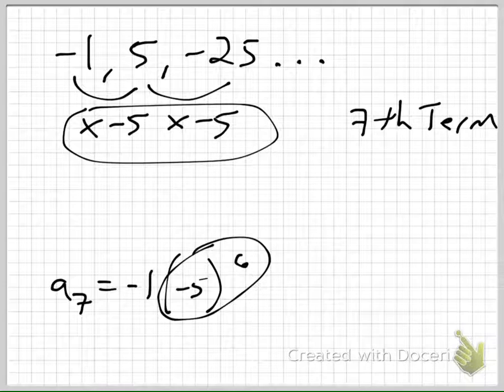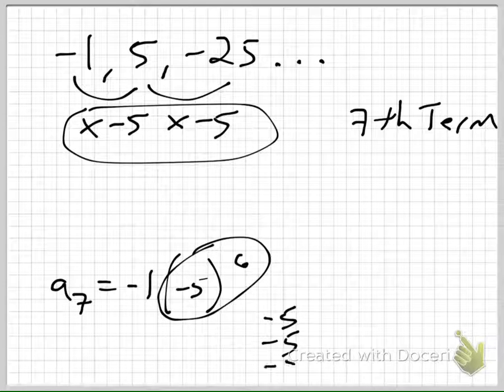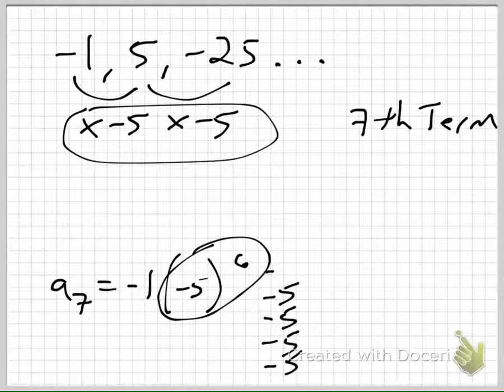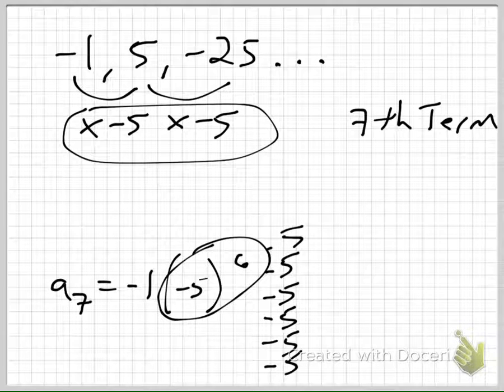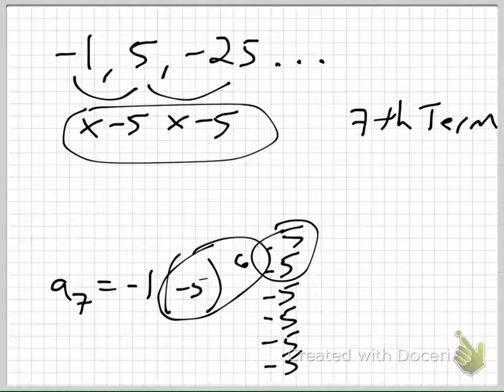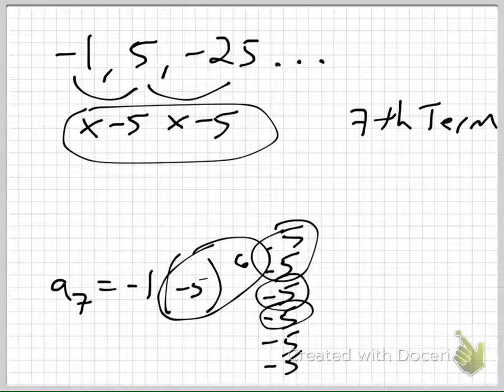Is it negative 15,625? Isn't that what it is? If you don't know how to do it on your calculator, what can you do here? You just go negative 5, and you can just start crossing them off, right? There are how many of them? This is where you could use your calculator and go negative 5 times negative 5 is 25. 25 times negative 5 is negative 125. You see what I'm saying? Just make sure you cross them out each time.